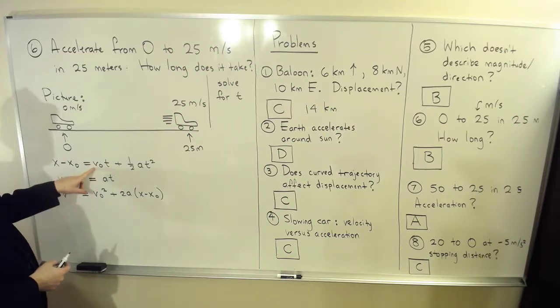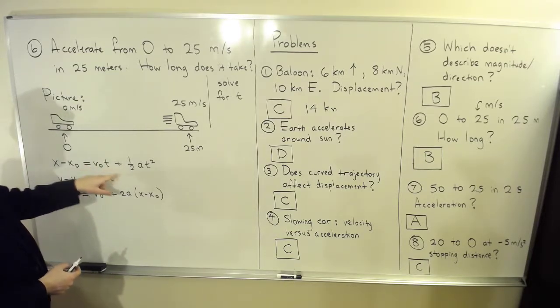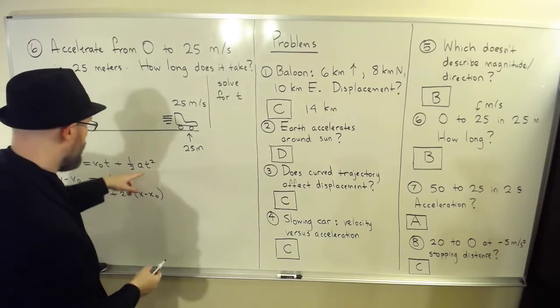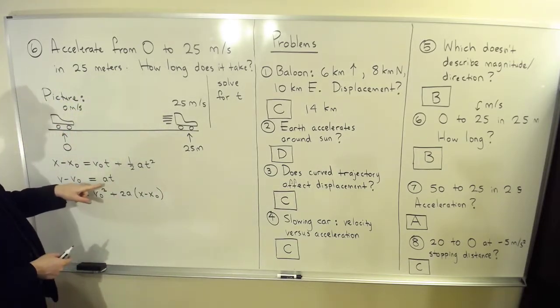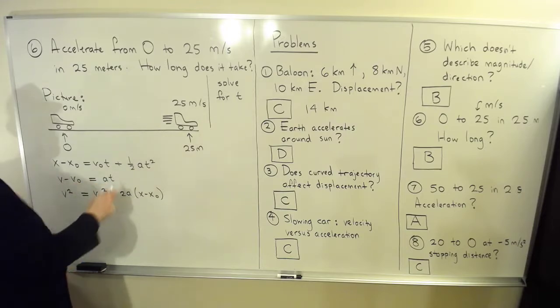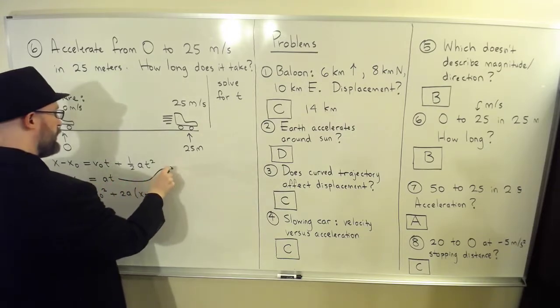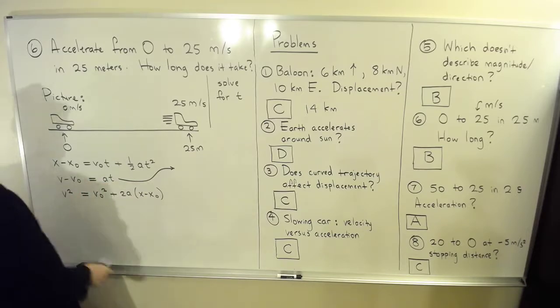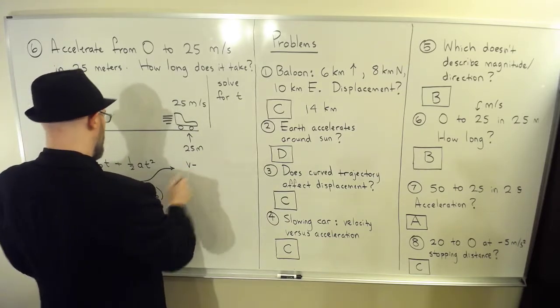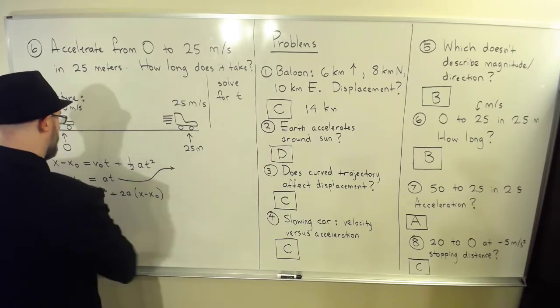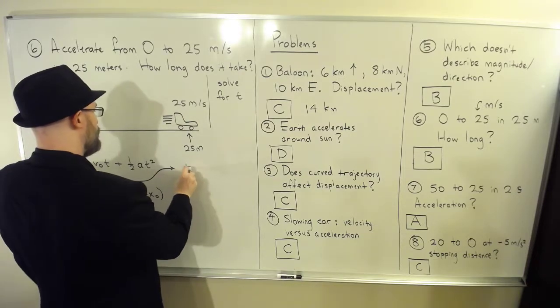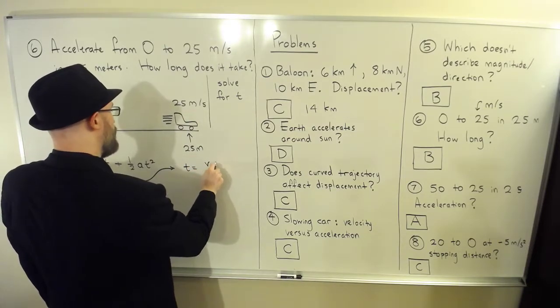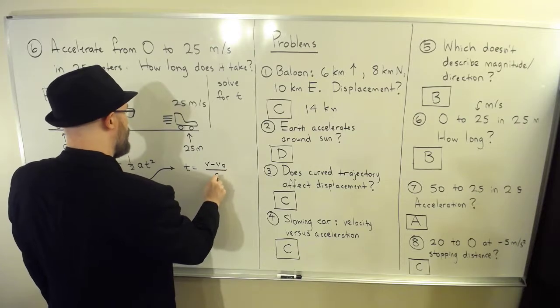Now this equation looks uglier, it's more complicated, and it's quadratic in t, it has a t squared, so I'd like to avoid using that one. Could I possibly use this one? Well, if I solve for t in here, I just divide both sides by a, and I get t equals v minus v0 over a.